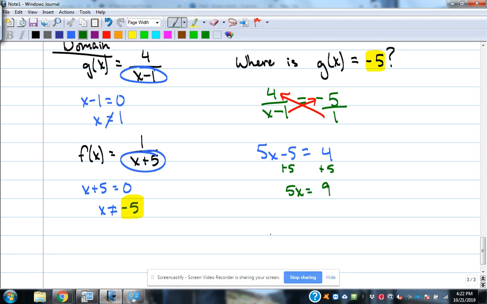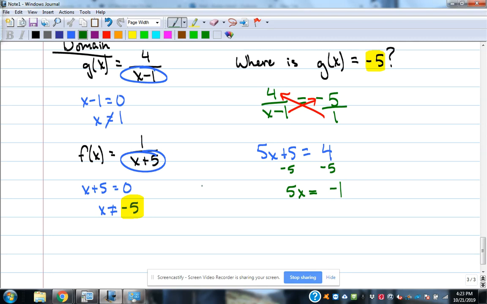Is that right? Nope. That's a negative 5 over there, isn't it? So that's a positive 5x plus 5 equal to 4. And then move it. That makes a difference. 5x equals negative 1. Right?